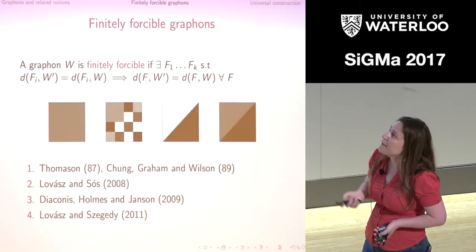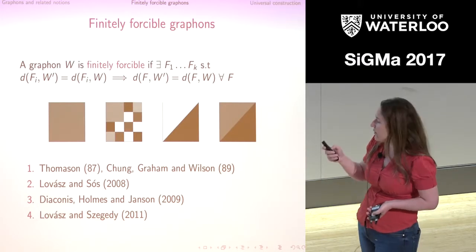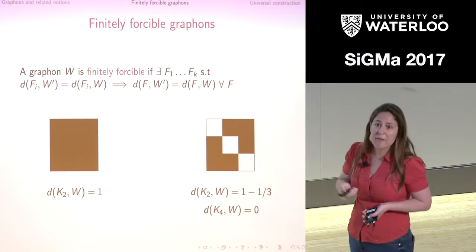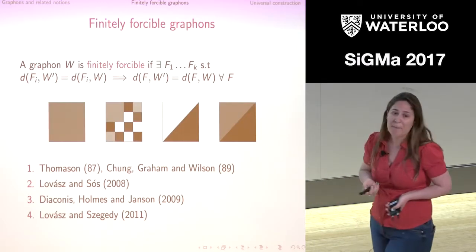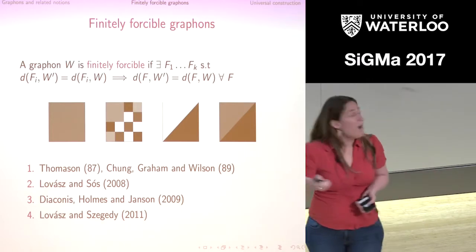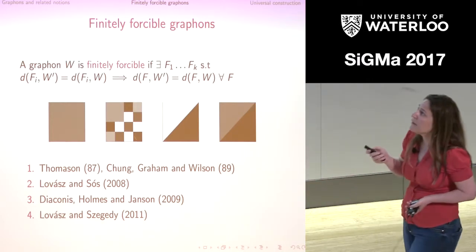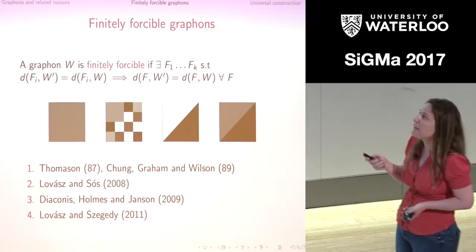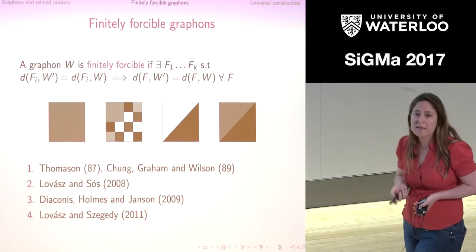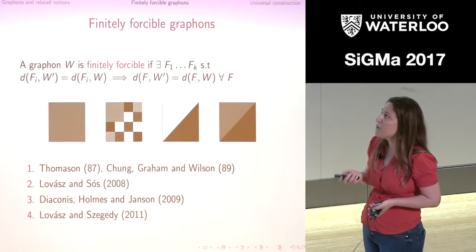Okay, but you can say, oh, this is very simple, I want to see more complicated ones. The examples of finitely forcible graphons are the constant graphon, like p everywhere, and Dan already mentioned that this result predates graph limits.